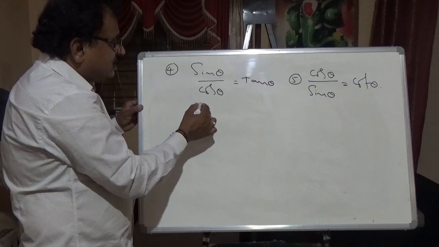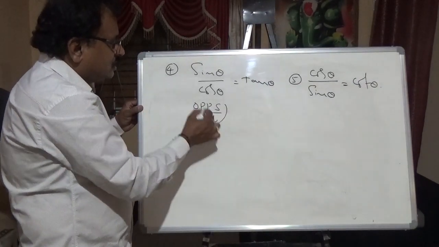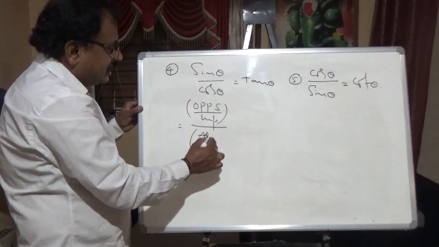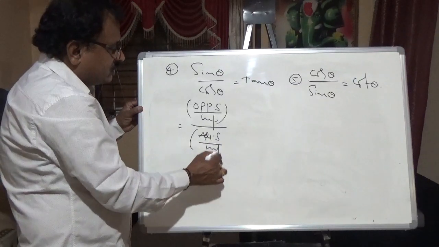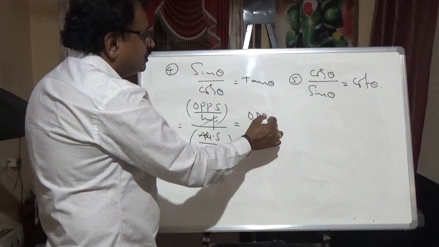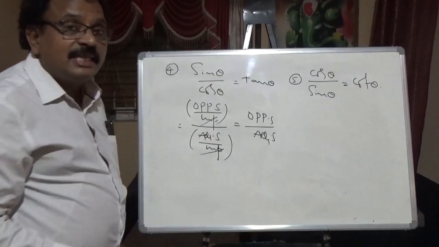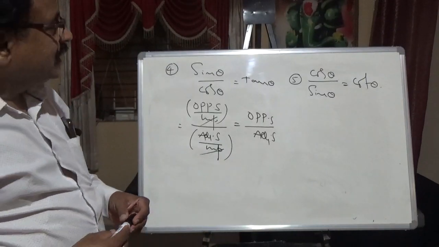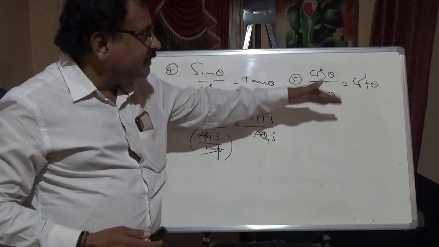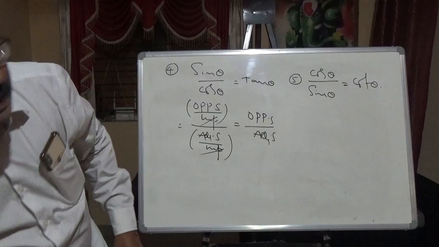Sin theta is opposite side by hypotenuse. Cos theta is adjacent side by hypotenuse. Hypotenuse cancels. What is opposite side by adjacent side? It is nothing but tan theta. So sin theta by cos theta is tan theta, and cos theta by sin theta is cot theta. Any doubt, please ask me.